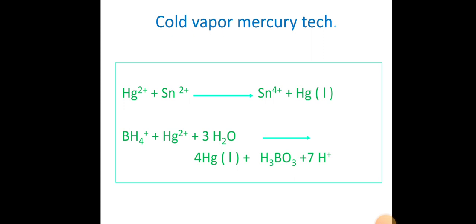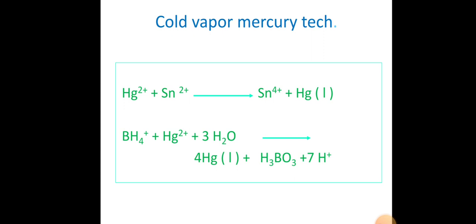Mercury is the only liquid element. All of the other elements are solid, but mercury is liquid. And it has a relatively high vapor pressure.